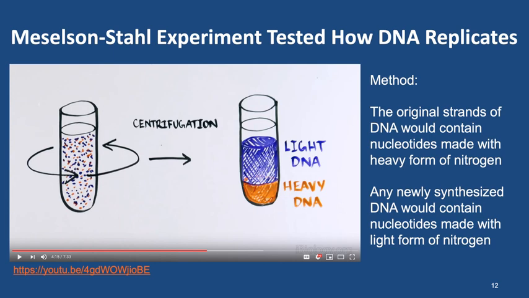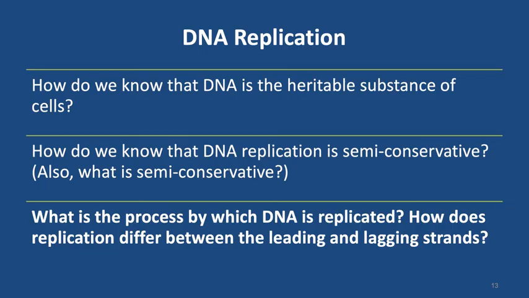And so this is a video that you can view and try and maybe hear this in a slightly different way. I think they actually also add a few details to this, but the basic method is that the original strands of DNA contain nucleotides made from a heavy form of nitrogen, and anything that's newly synthesized would contain nucleotides made from a light form of nitrogen.